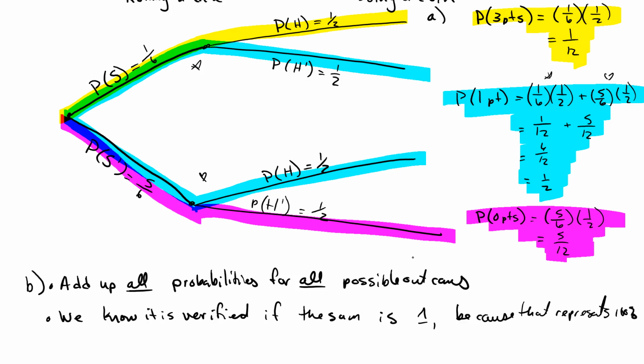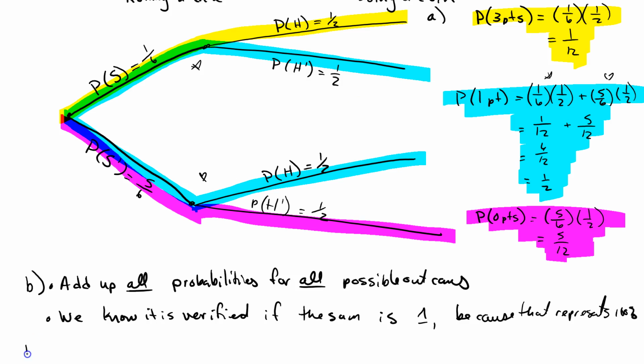So that means if we add up all the possible outcomes, one of these outcomes is going to happen 100% of the time. Not one specific one, but one of these options. Either this one or this one or this one. These are the only things that can happen. So that will happen 100% of the time.